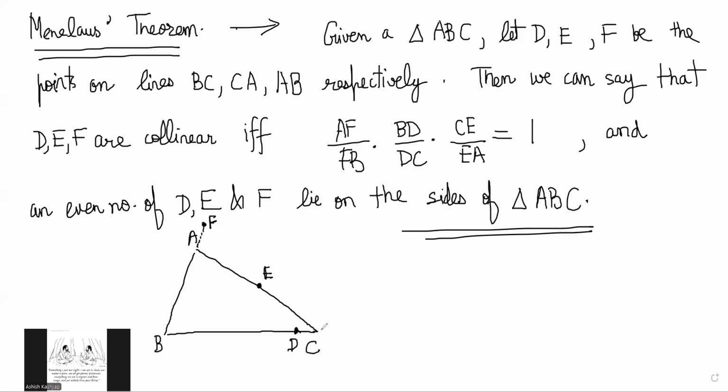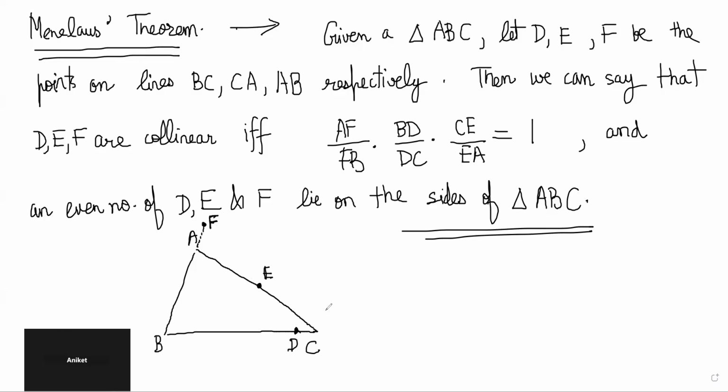Do you understand what I'm saying right now? Yes, sir. So right now I have chosen the points in such a way that you can imagine that there is a line through them, right? I'm not able to draw it clearly, but you will understand what I'm trying to say. There is a line passing through D, E, F. It's a collinear set of points, right?